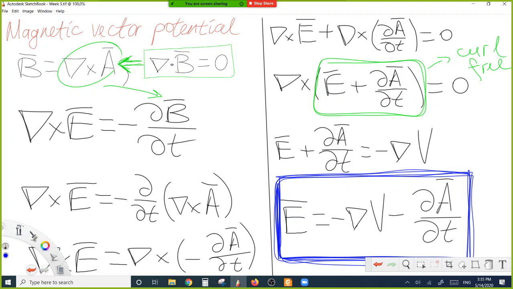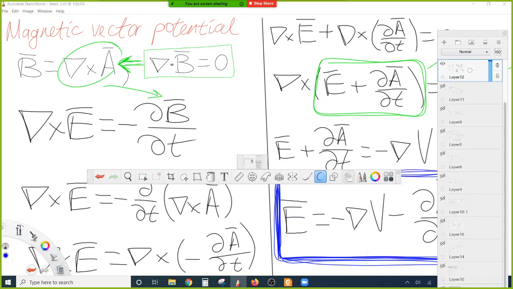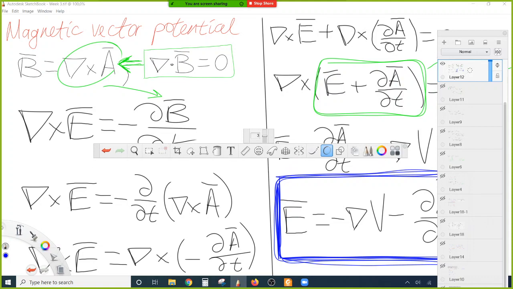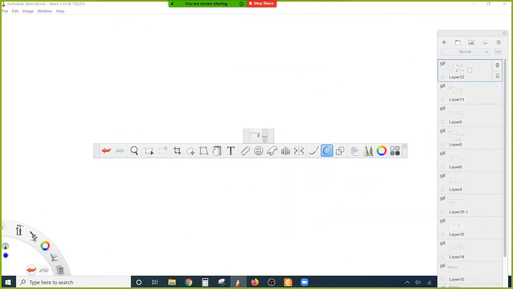Of course the unit of measurement is volt per meter. This form is exactly what was required by our equation.